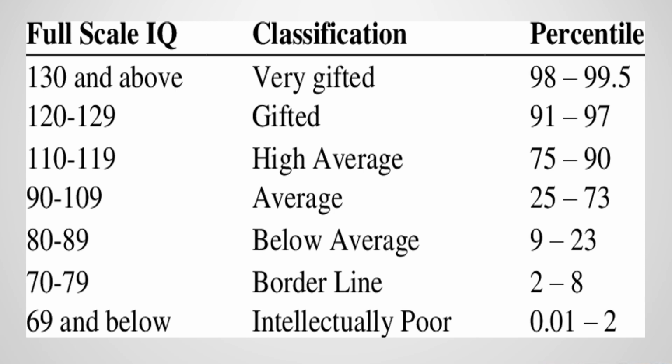Intellectually poor. Here you can see intellectually poor students, 69 and below. Their percentage in the population is 0.01 percent. Borderline 70 to 79 IQ. Below average 80 to 89. Average 90 to 109. So this is the highest percentage.